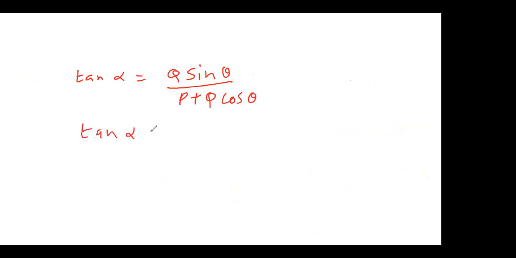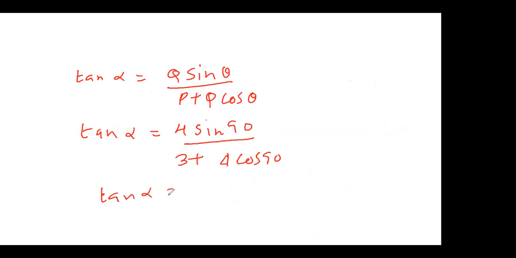We got magnitude. We are interested in direction. To get direction, you require tan alpha. The formula is Q sin theta upon P plus Q cos theta, which we have proved in the last lecture. So tan alpha equals, with P as 3, Q as 4, theta as 90, 4 sin 90 upon 3 plus 4 cos 90, which is 0.